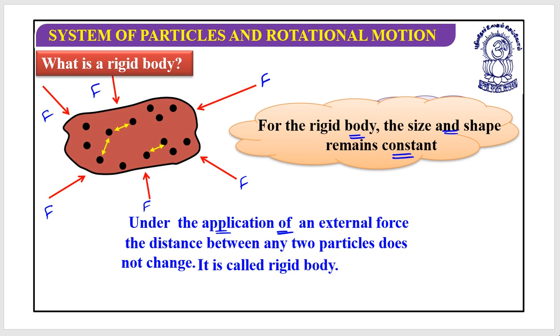Under the application of an external force, the distance between any two particles does not change, which means the size and shape of this rigid body would be the same.